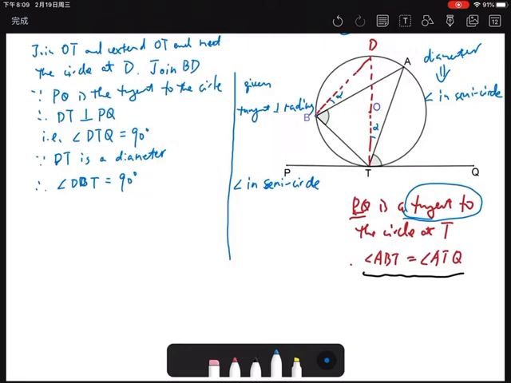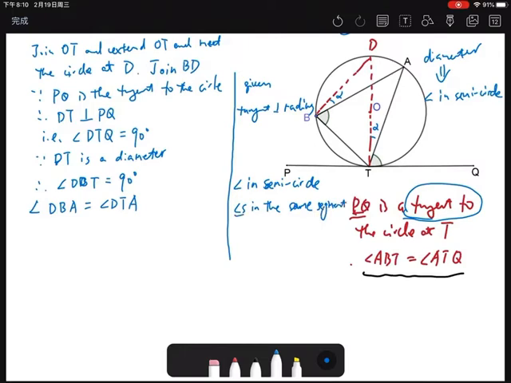After that we should prove these two angles are equal. Angle DBA equals angle DTA. The reason is angles in the same segment.